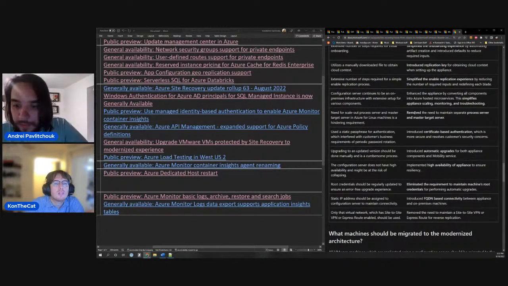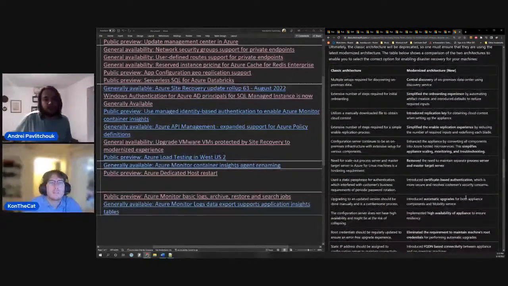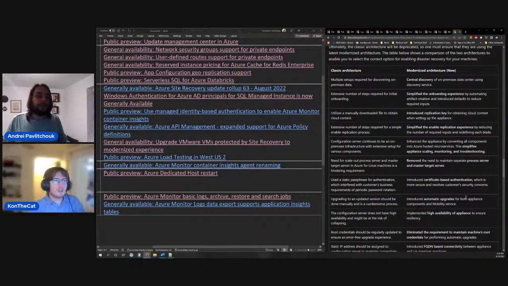Okay, this is good, and this bottom part is particularly good. Anything that reduces network dependencies, I'm always good for anything that limits that.